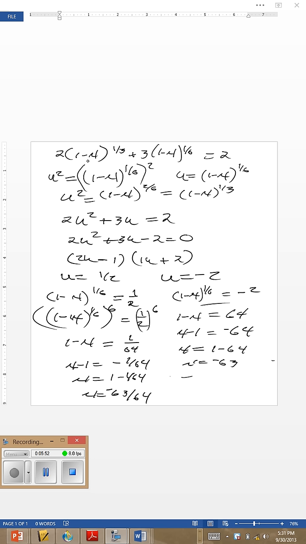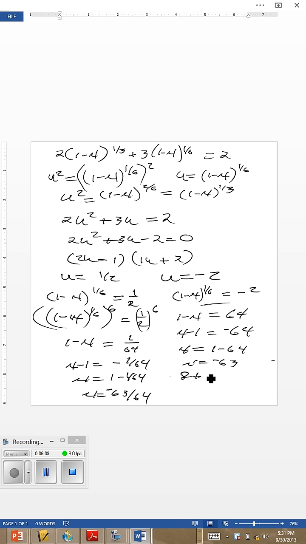That'd be 1 plus 63, which makes it 64, obviously. The cube root of 64 is 4. So that gives me 8.